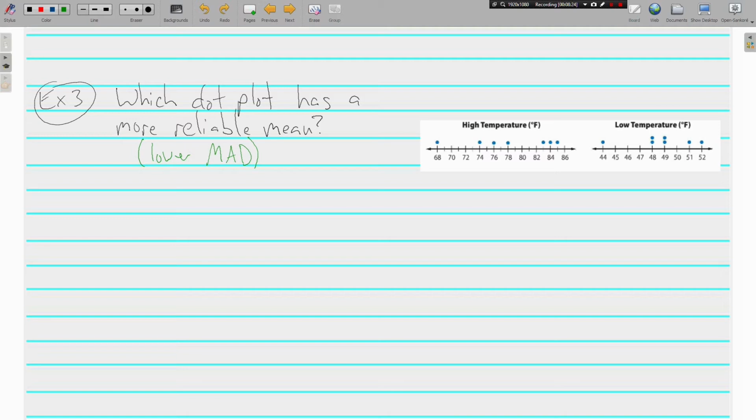Because let's look. We're talking about which one's more reliable. A higher MAD means the data is more spread out. A lower MAD means the data is closer together. It's more reliable. So if we look at these high temperatures, we've got a range all the way from 68 to 85.